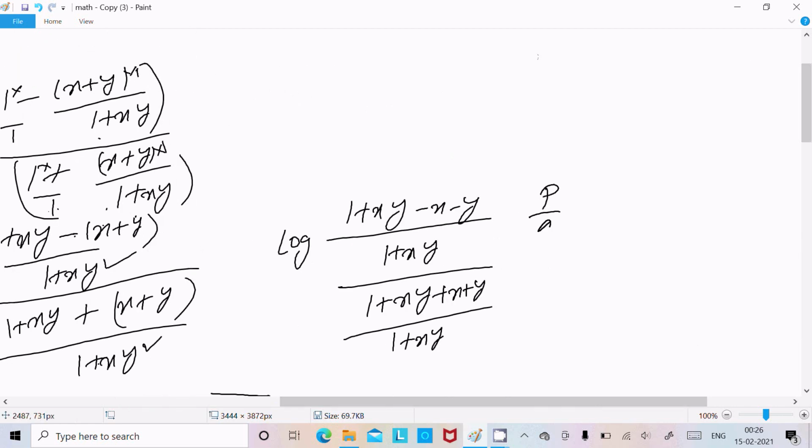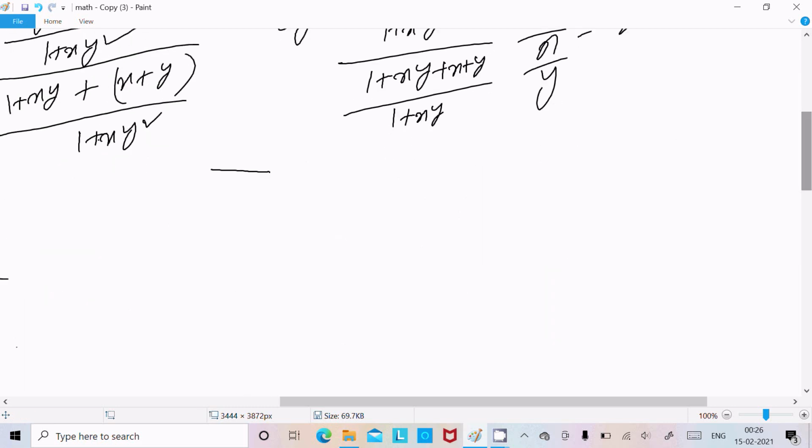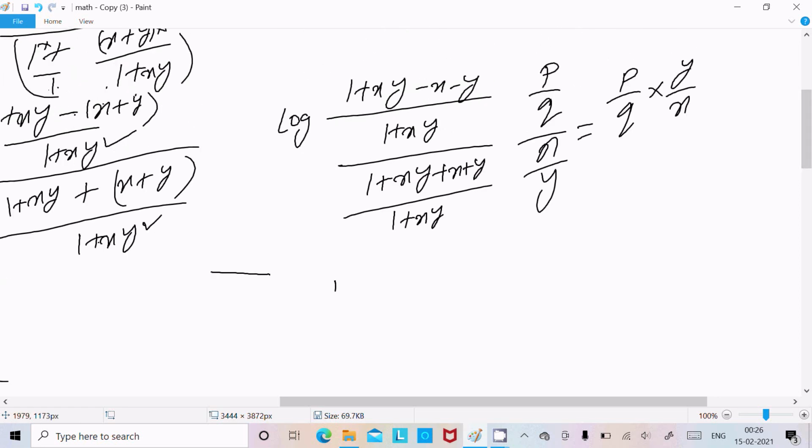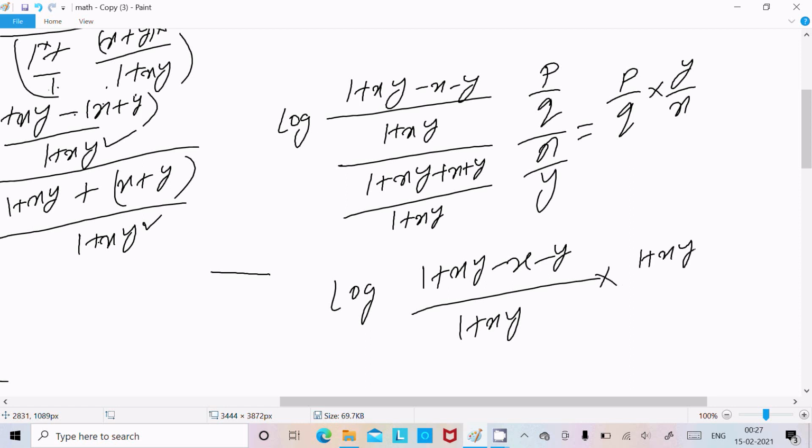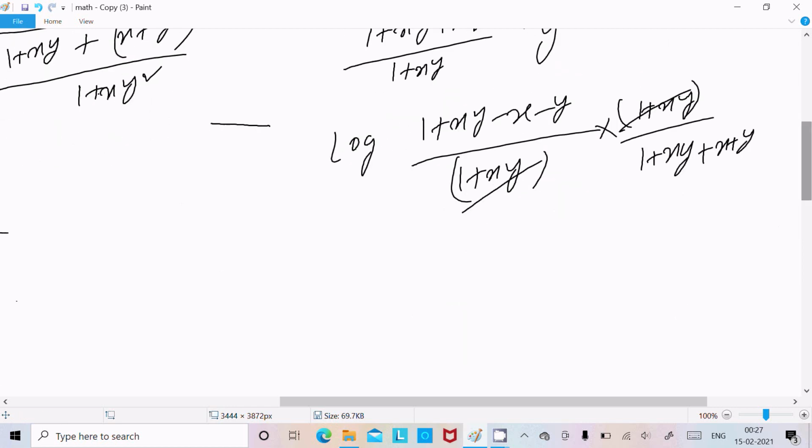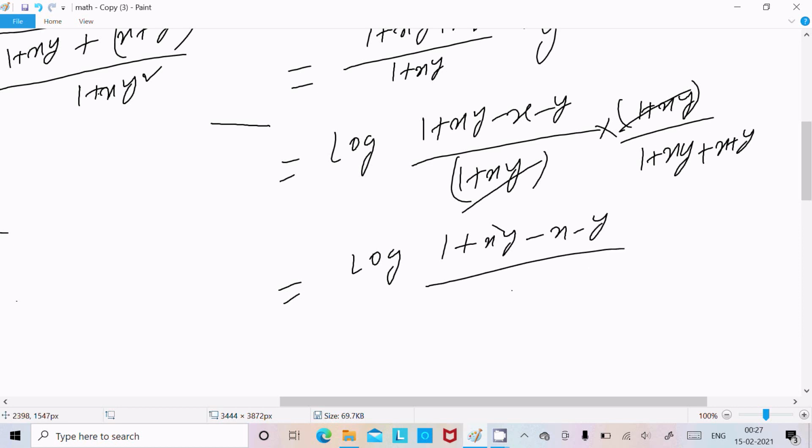This is the form of p/q divided by p/q, so the common factor cancels. Now the value comes log((1 + xy - x - y)/(1 + xy + x + y)).